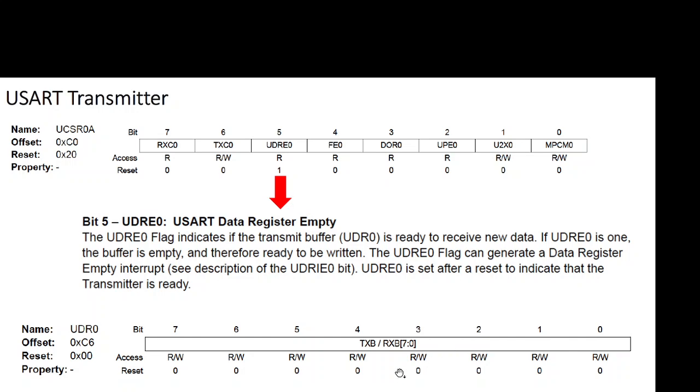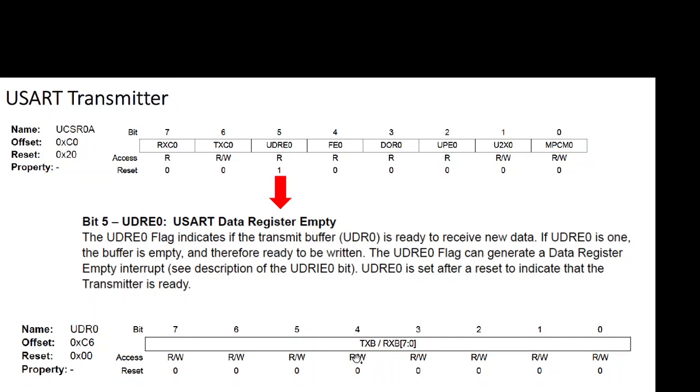Because of that, we have to look into the UDRE0 bit of the UCSR0A register. This bit is 1 if this buffer, or this register, is ready to obtain data. If this bit is 0, that means this is not ready to accept data.